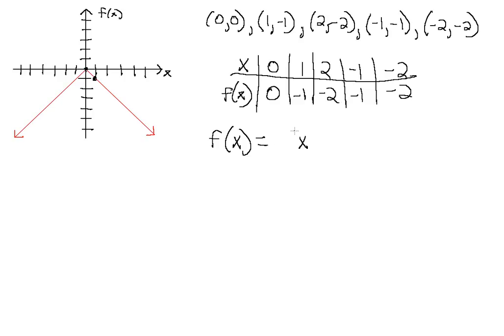But I argue, how about this? We put absolute value bars around the x with the minus on the outside. What that's going to do is whatever number that we put in here, either positive or negative, we're going to get the same number with a minus sign, and that's actually what we have here. So we can just plug in a few numbers to make sure we're right.